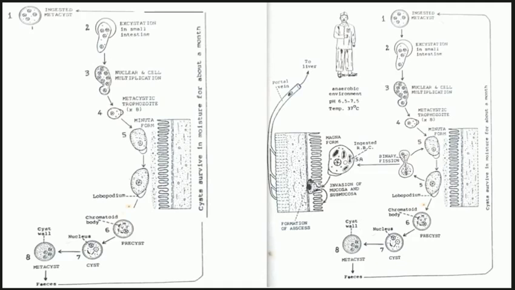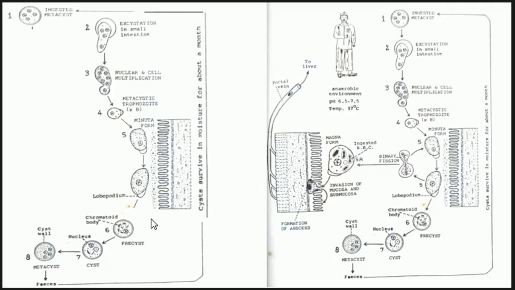So I'll just repeat this part. First of all it will be ingested, then in the small intestine, excystation, and from there it will come out. From there division will take place, 4 to 8, then the formation of minuta. It will be present in the large intestine.